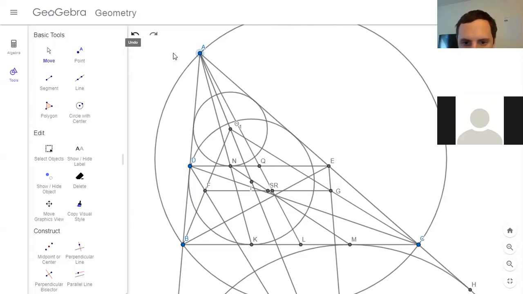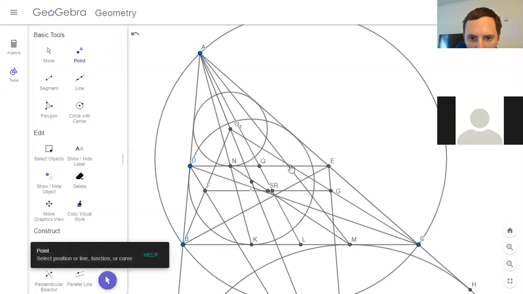I'm trying to use homothety to show that. So NQ, yeah, let's see if I could use homothety.